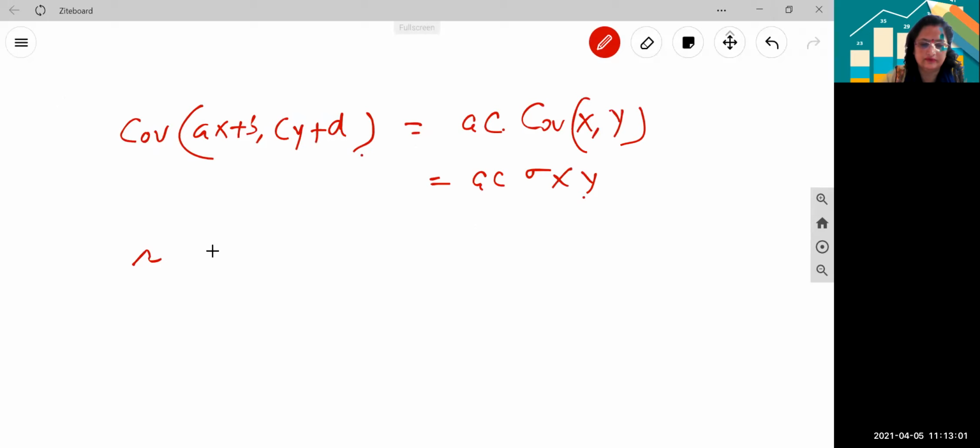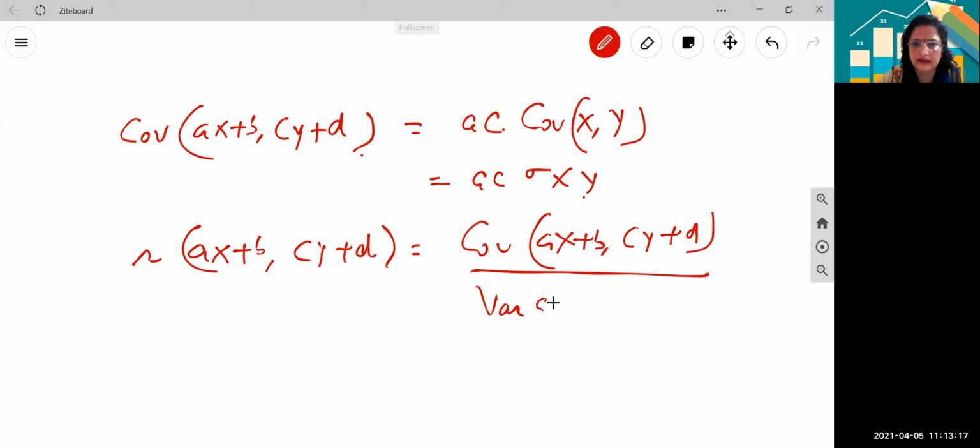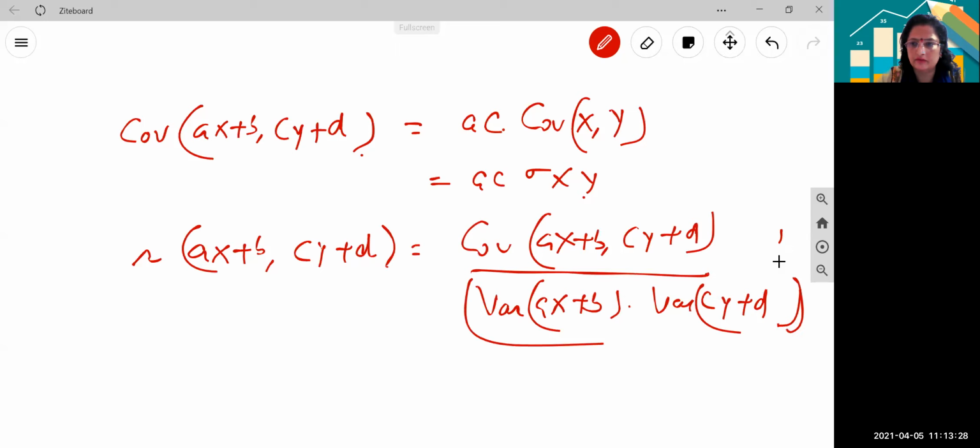Now we will put the formula of the correlation coefficient. This comes out to be covariance between AX plus B and CY plus D upon variance of AX plus B into variance of CY plus D, and the whole is raised to power 1 by 2.